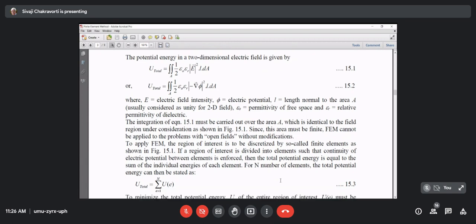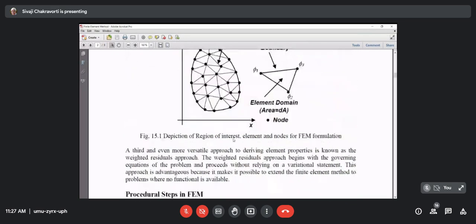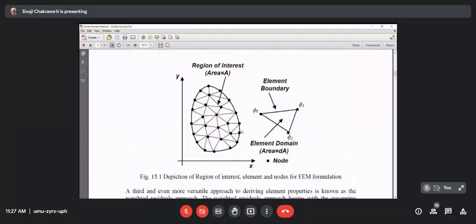Now, in computerized terminology, we don't do this integration in the conventional way, because you all know that integration is nothing but summation. So for computerized technology, we take all the elements, take their energies and simply sum them up.